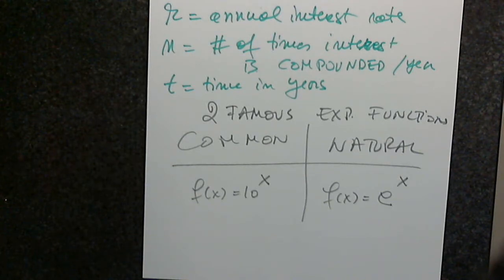What do you think that means? Natural log. And 10 to the x shares the same key with log. What do you think that would be? Well, obviously common log. So natural log, common log. Natural exponential function, common exponential function. They share the same key because they are inverses of each other. We'll get back to that.